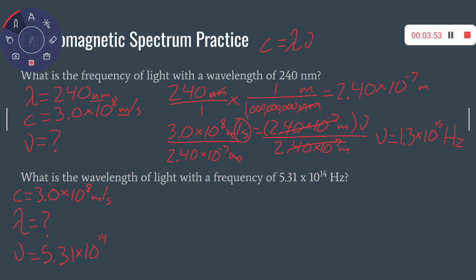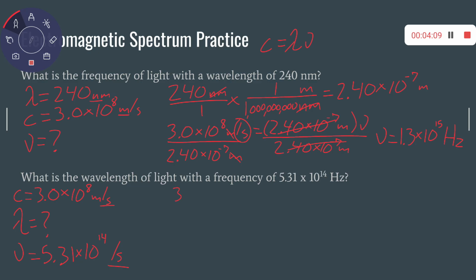Remember, a hertz is a per second, and the reason I'm rewriting it there is so I can double check. Per seconds and per seconds are the same from the speed of light to my frequency.